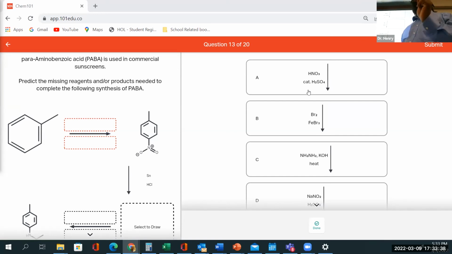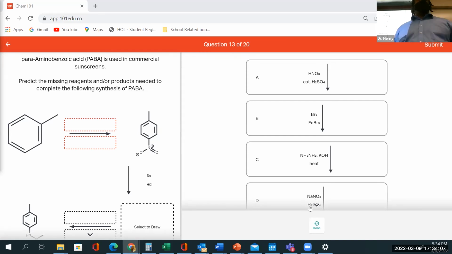So basically you're adding just a little bit to catalyze. In another case, you're adding a lot. So in that case, you have nitric acid and sulfuric acid that's acting as a catalyst. Here you're adding nitrite, which is going to be like a base, and a lot of the acid.